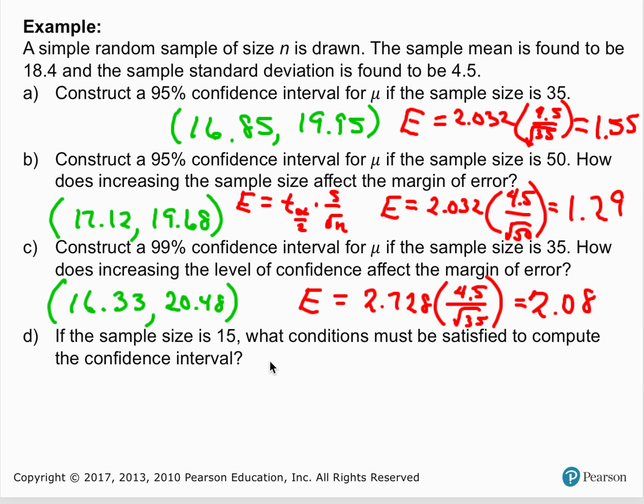Well, basically, it's got to be approximately normally distributed. All right, so you make sure that your sample size is less than 5% of the population size. You make sure that the shape of it is normal, not skewed right, not skewed left, and that there are no outliers.